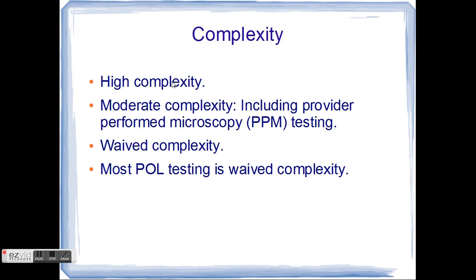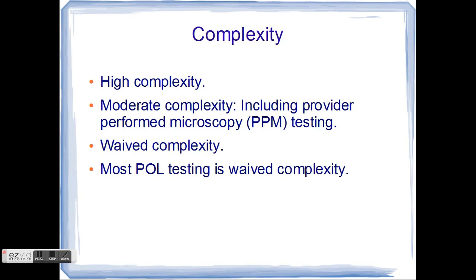High complexity tests are very complicated, and have a high risk for an inaccurate result or a mistake to be made in the procedure. All these tests, of course, are FDA approved, whether it be high, moderate, or waived. But the high complexity ones are sometimes new. Sometimes they're laboratory developed, and the FDA just views them as being very risky.